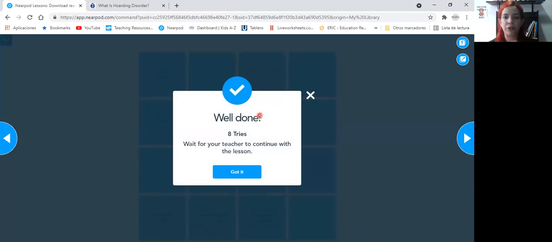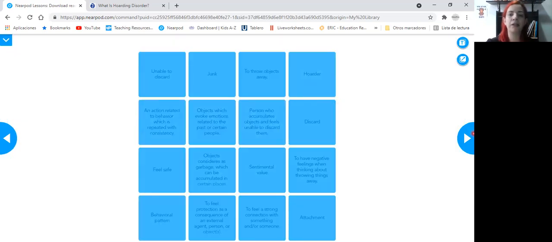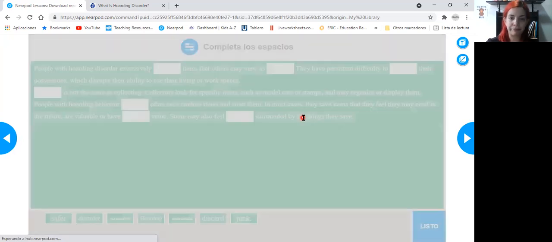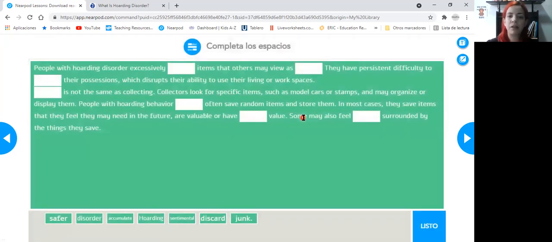Good, good, my students. Okay, so now you're gonna do another activity related to hoarders, but this time you're gonna read, okay? You're gonna read a little bit the definition of hoarder, okay? And as you can see, we have some of the words that you saw in the previous activity.